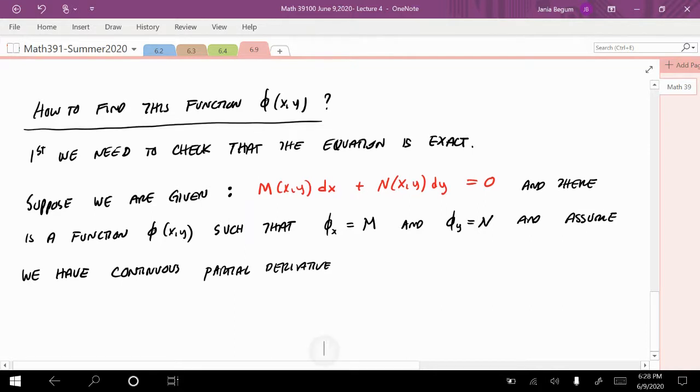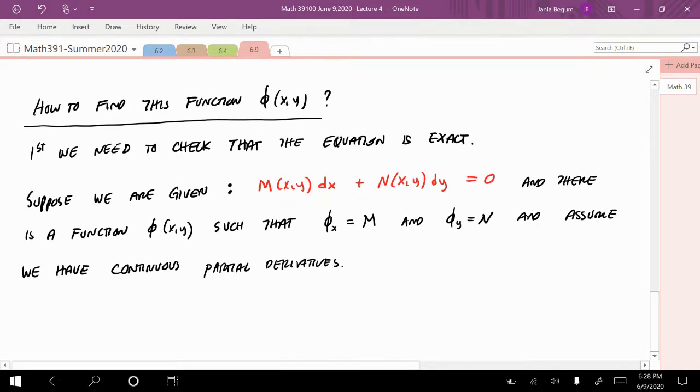Okay, so if you're given this differential equation where m represents your partial x and n represents your partial y, then we're going to make the following statement.